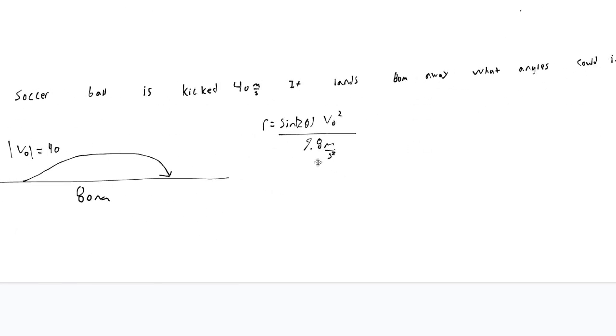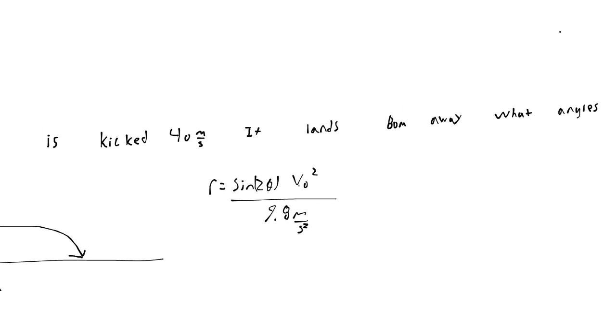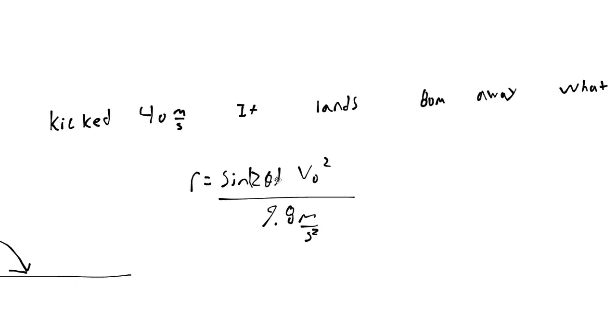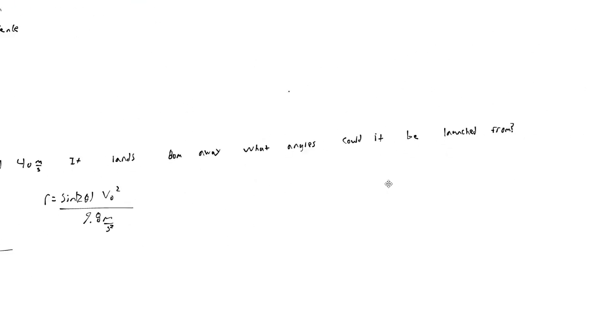And now what you do next, so we're just going to rearrange. We're trying to find theta, right? So we'll just rearrange. So range is 80 meters in this case.